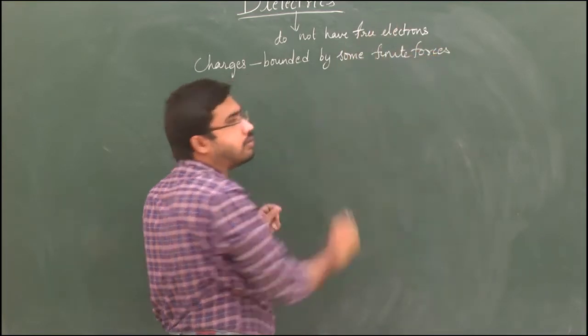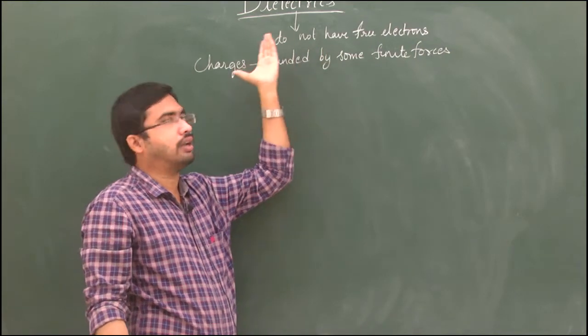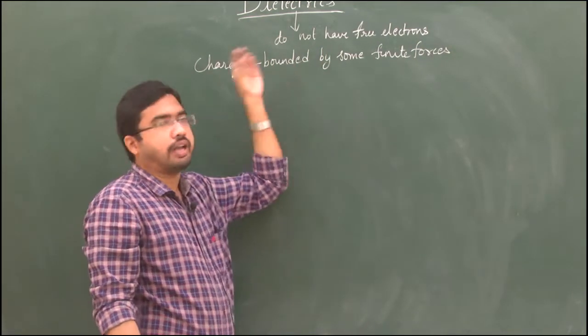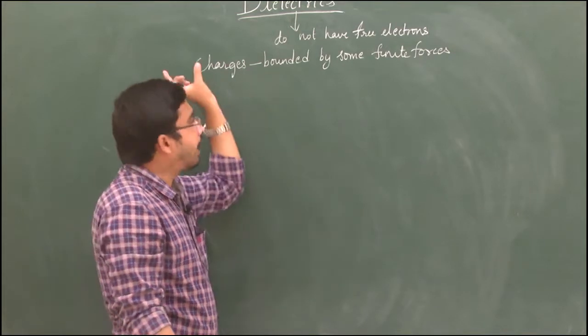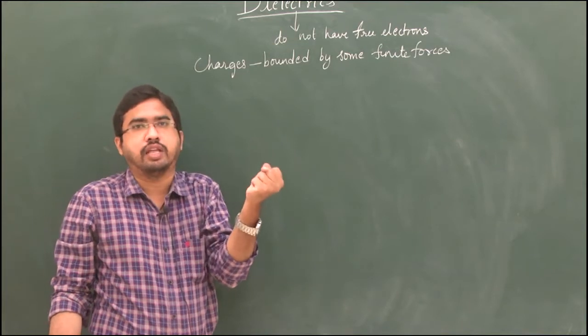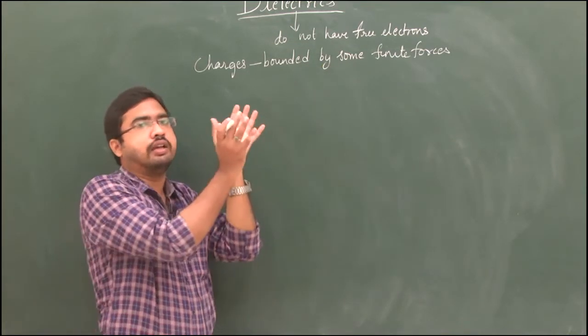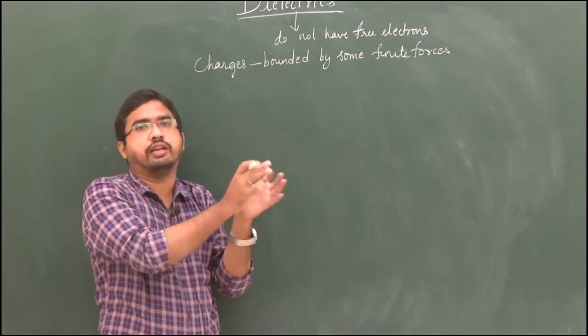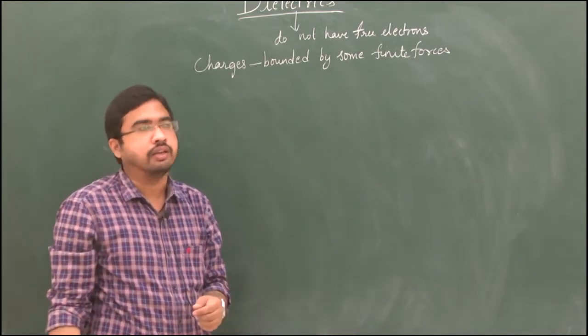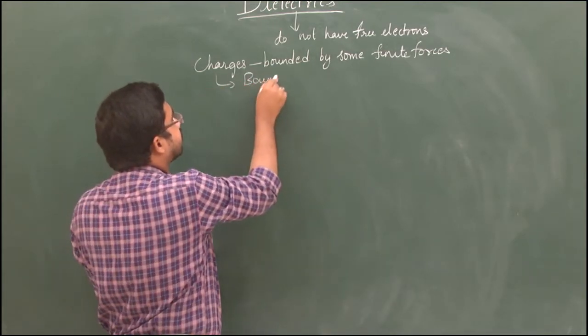That means your dielectric material, which will act like an insulator, will not allow the flow of current. They will not have free electrons to move. They will have charges inside them, but they are held tightly. They are bounded by some finite forces. Some forces will keep them in a stiff position. They can't move freely, so they are also called as bounded charges.